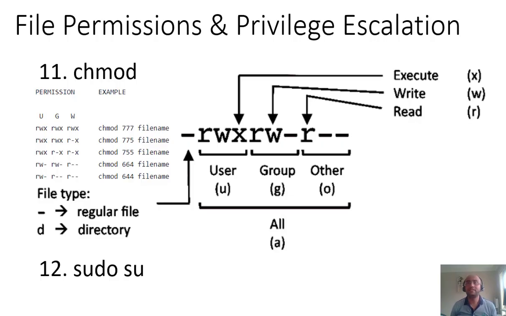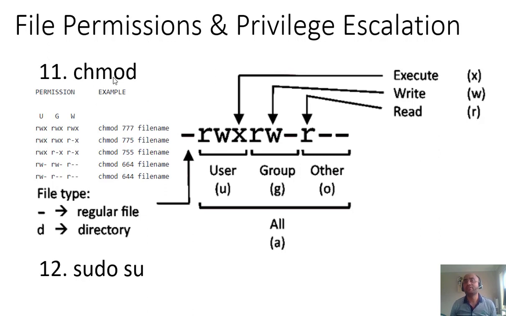Alright, now we will see the file permissions and privilege escalation. In order to check the file permissions, you can run the command ls and use the switch -l. It will list the file permissions associated with it. In case you want to change the permission of that particular file, you can use the command chmod.